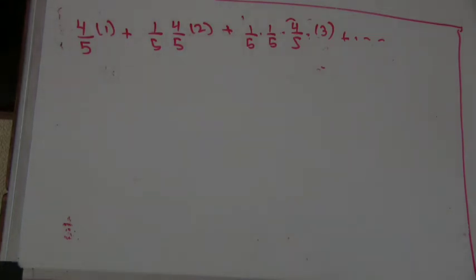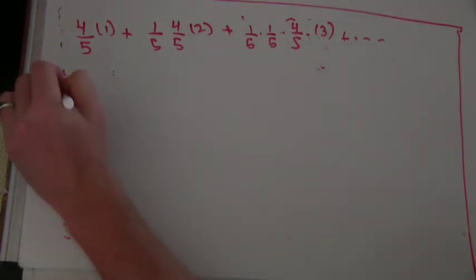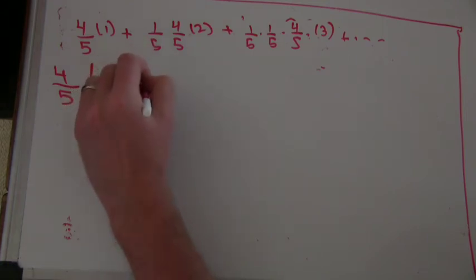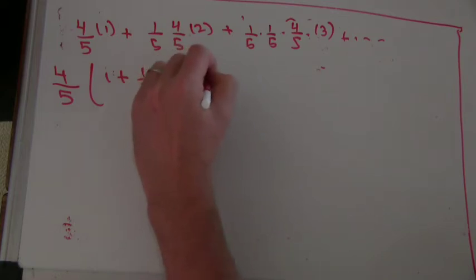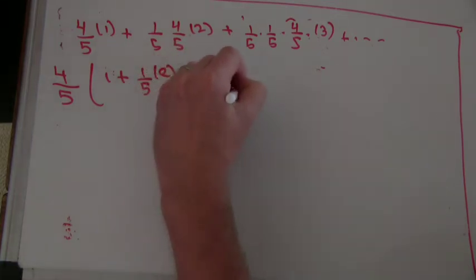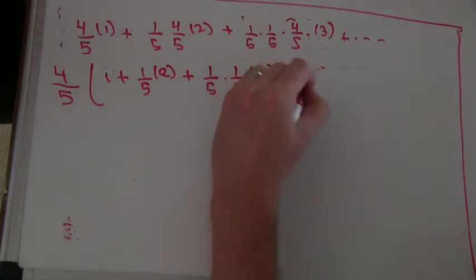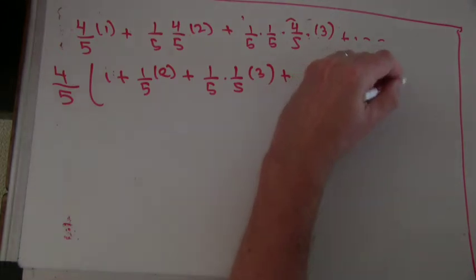Well, I think we can at least simplify it a little bit by just factoring out 4/5 out of everything. Great. So this is 4/5 times 1 plus 1/5 times 2 plus 1/5 times 1/5 times 3 plus 1/5 times 1/5 times 1/5 times 4.